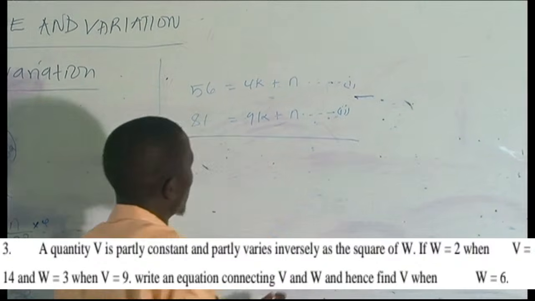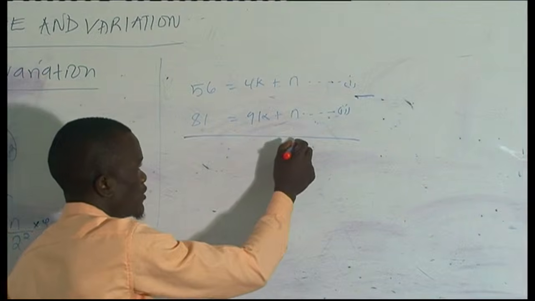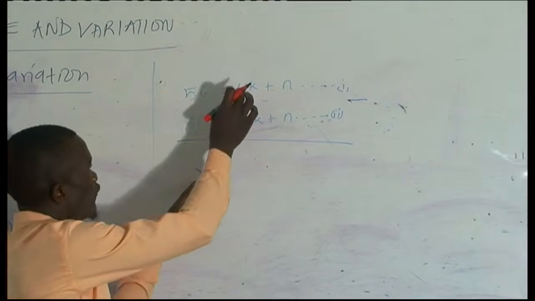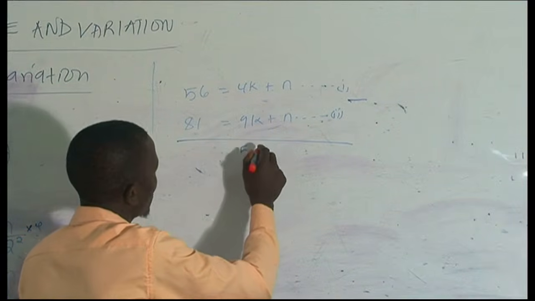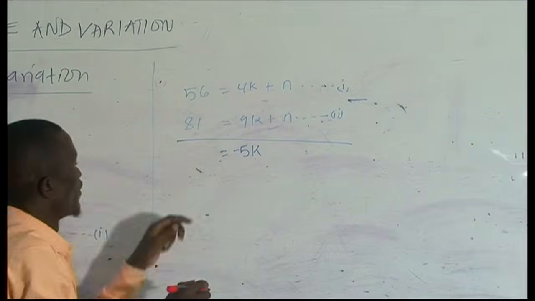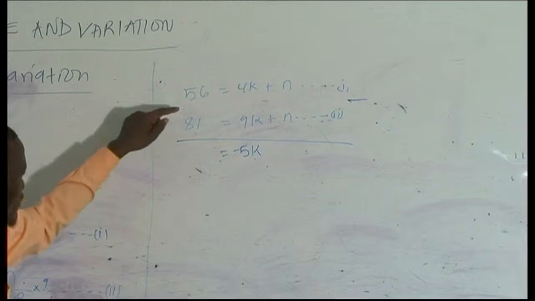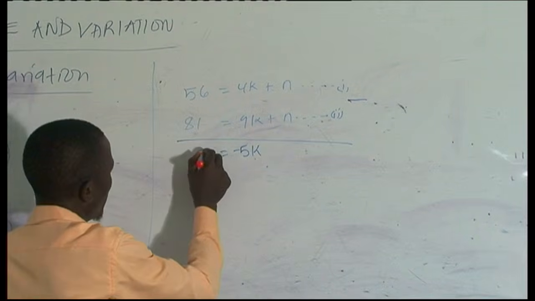And when I subtract the 2 equations, what do I have? N minus N becomes 0, so there's no need of writing 0N. Then 4 minus 9 we get negative 5K, is equal to 56 minus 81. We have 5 there.